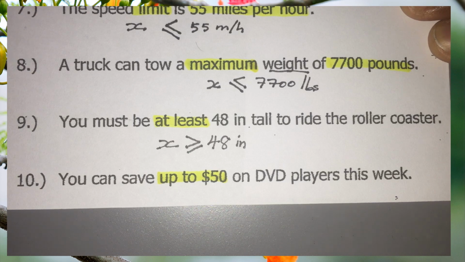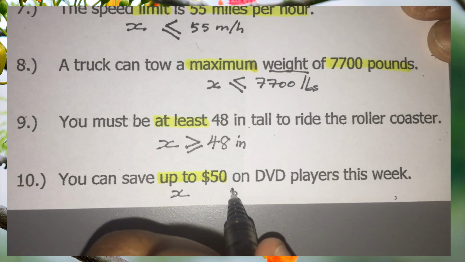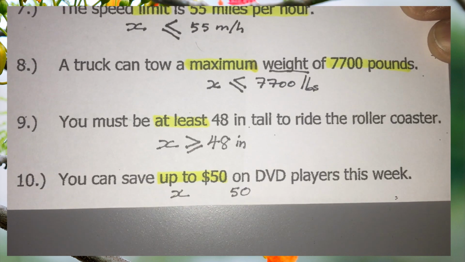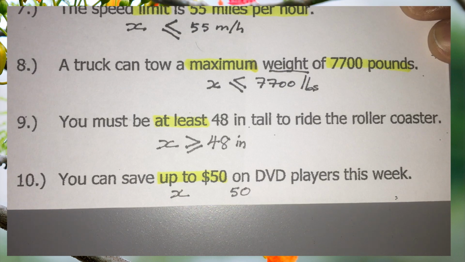That means we're comparing savings, which is x, and this $50. The fact that you can get the $50 means it must have half of the equal sign on it. But could you save up to $100 on this DVD purchase? No, it has to be smaller than 50, because it says you can save up to. So the limit is 50.